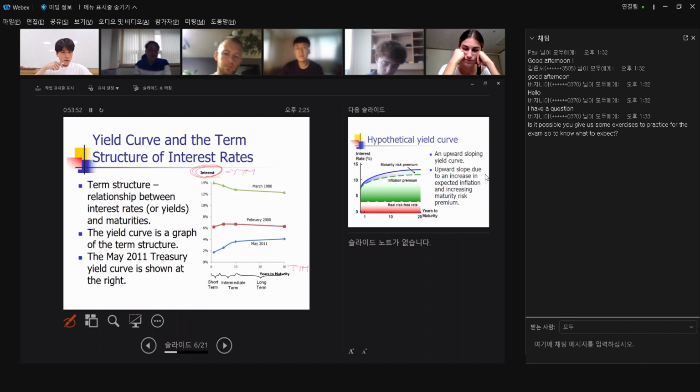The yield curve is the graph of the term structure. In other words, the yield curve shows the relationship between yield to maturity and time to maturity in a graph, right?